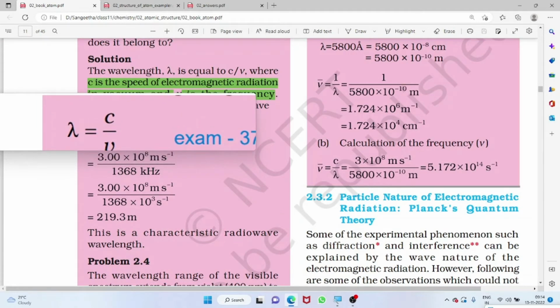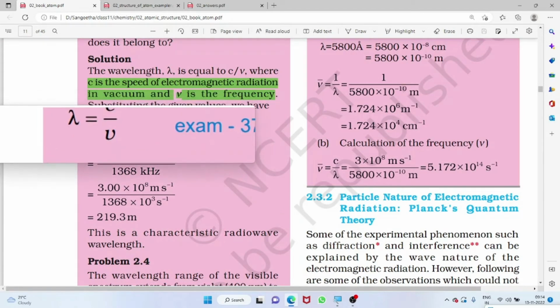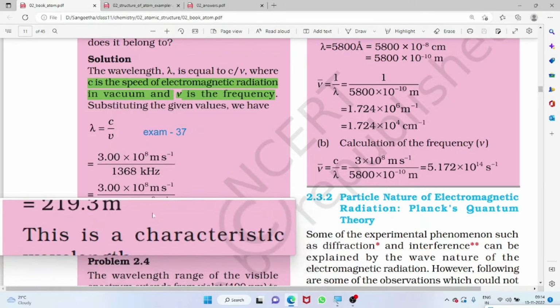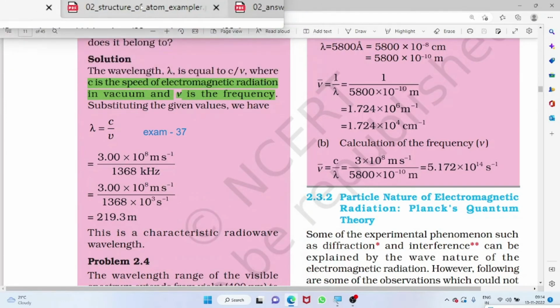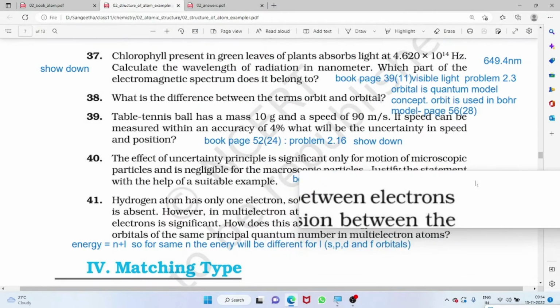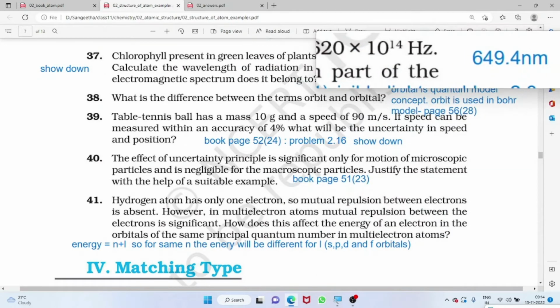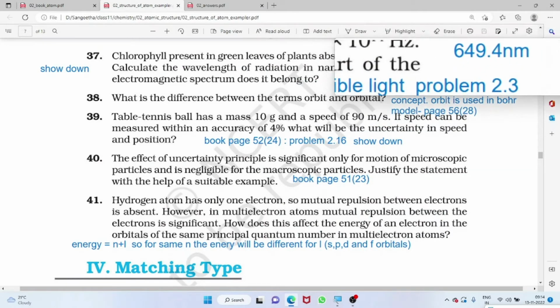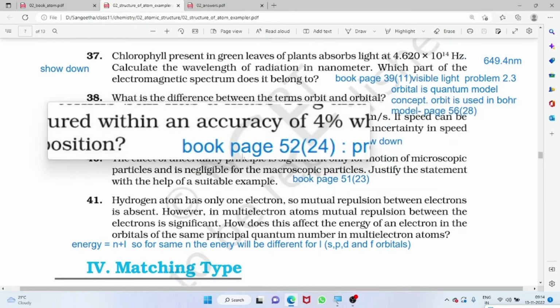This is the velocity of the electromagnetic wave in vacuum, and the bottom is the frequency. Using this formula, you find the wavelength. They found the wavelength as 649.4 nanometer, and this falls under the visible spectrum.